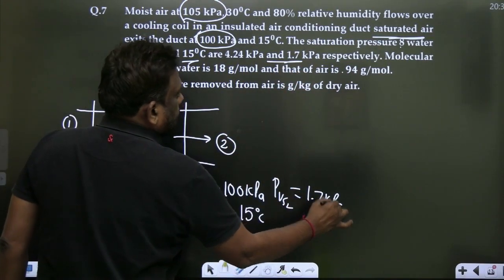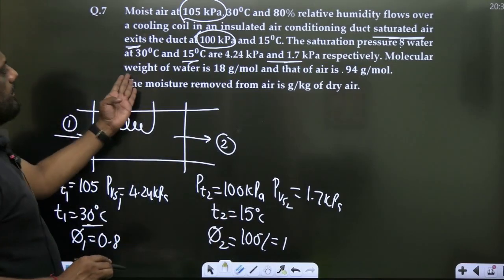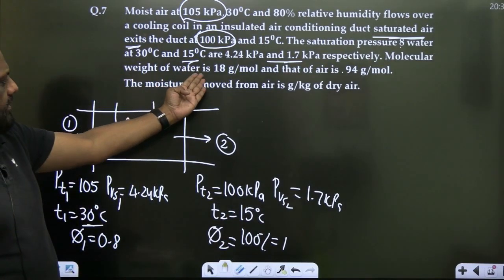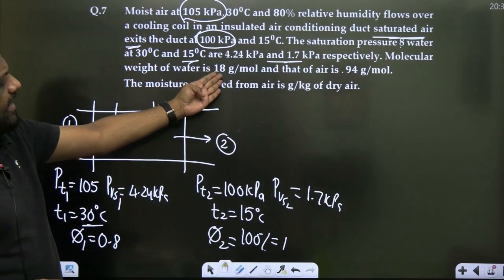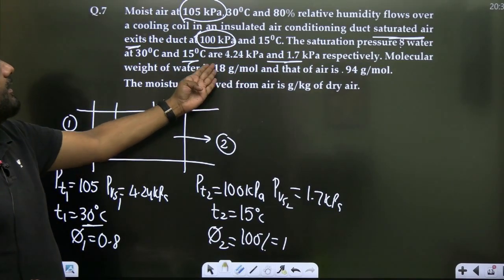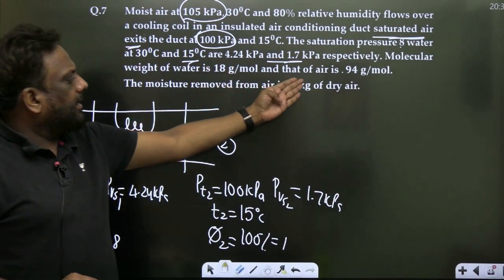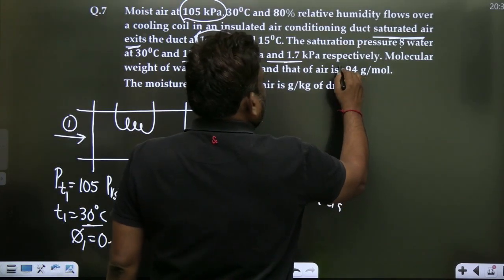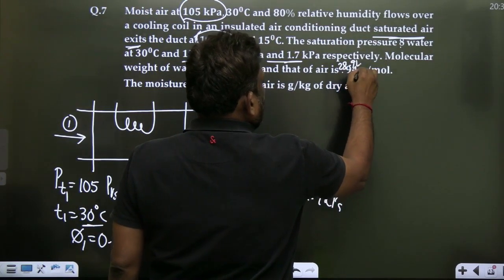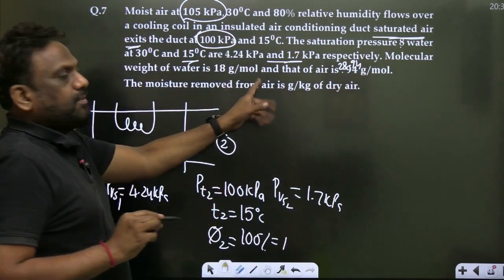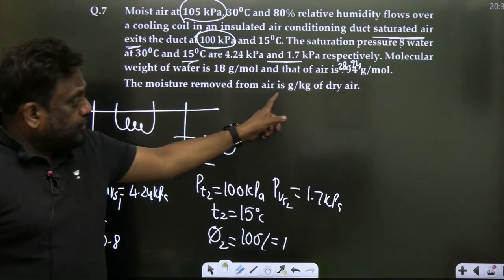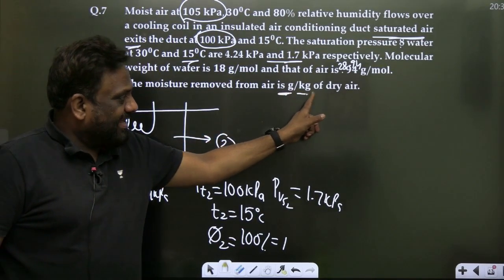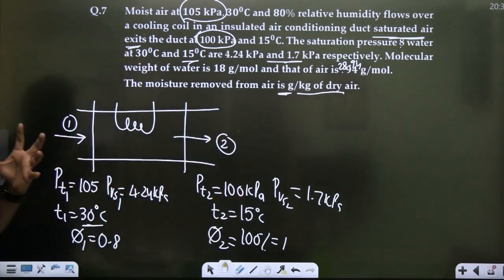The molecular weight of water is 18 kilogram per kilomole, and that of air is 28.94. Moisture removed should be in gram of vapor per kg of dry air. Be careful.